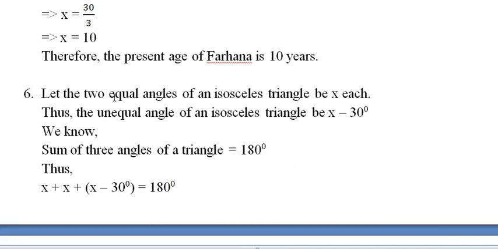So let the two equal angles of an isosceles triangle be x each. Hence, the unequal angle of an isosceles triangle will be x minus 30. Now, we all know that the sum of the three angles of a triangle will be 180 degree. So, hence, x plus x plus x minus 30 is equal to 180 degree.